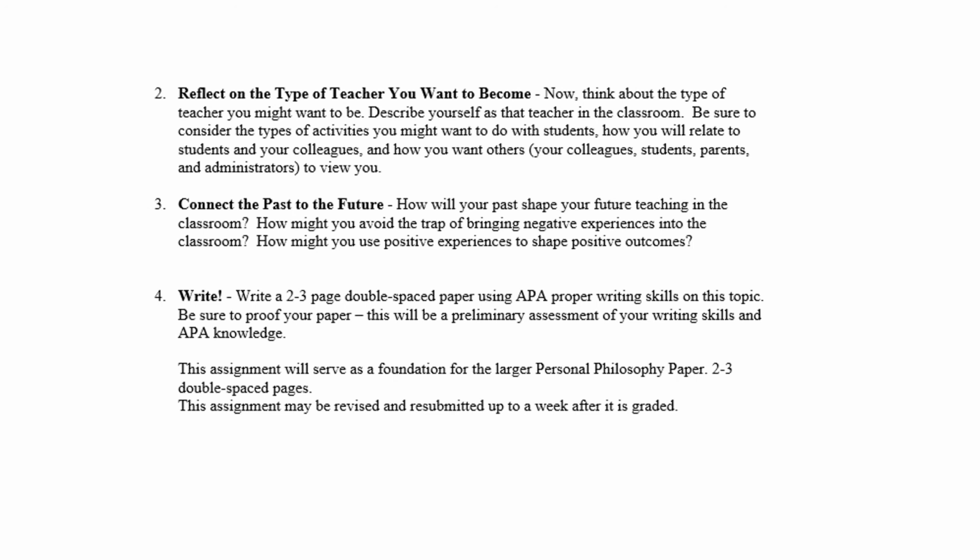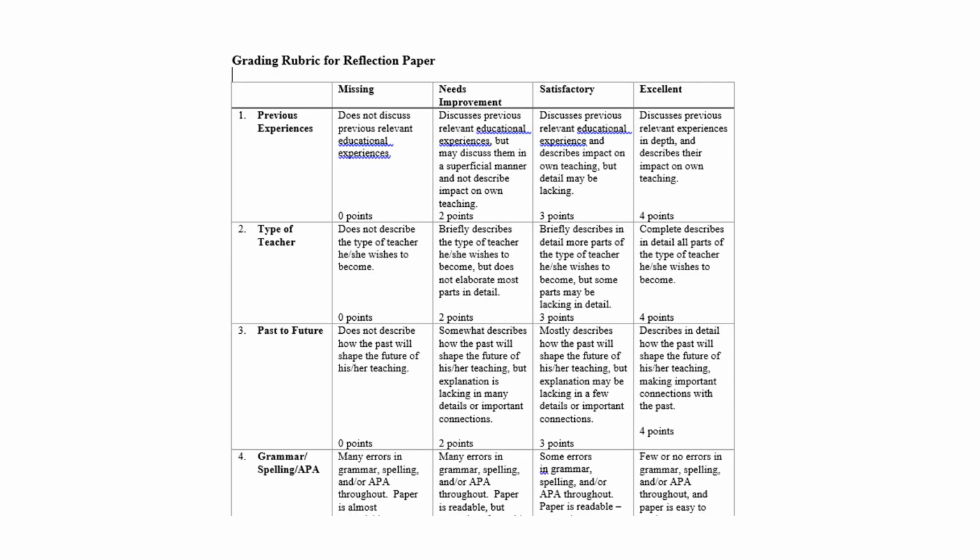This assignment will be the precursor to your next assignment, which is a larger paper, and it's the personal philosophy paper. You'll also see in that same document a grading rubric. So you can actually put your grading rubric down after you write your paper and score your paper.